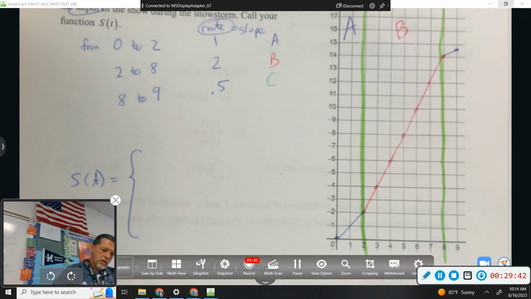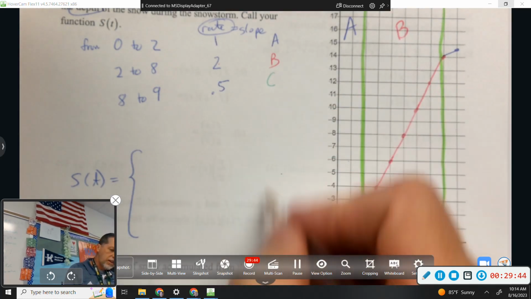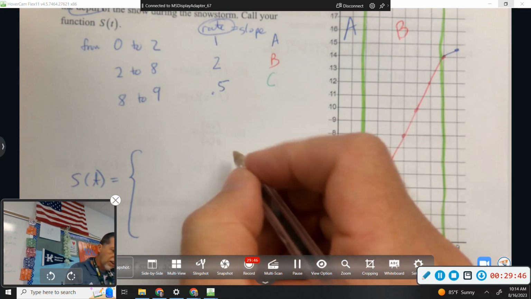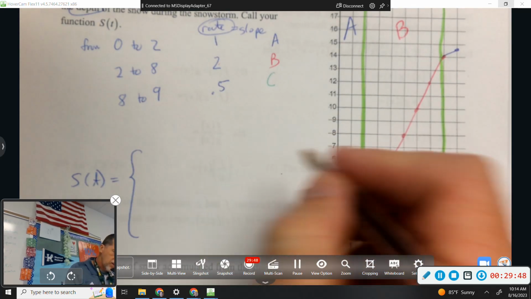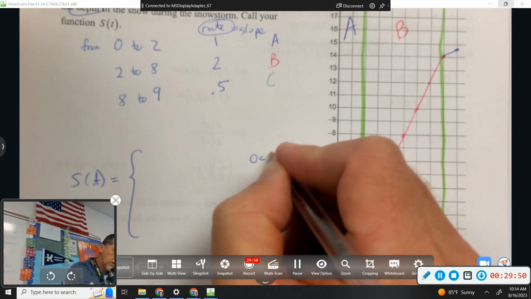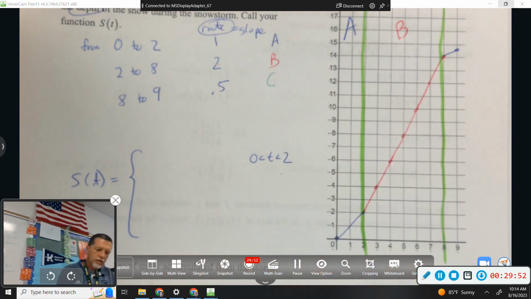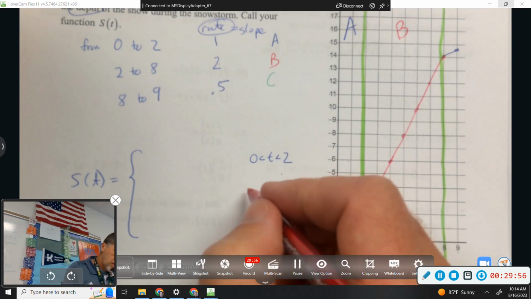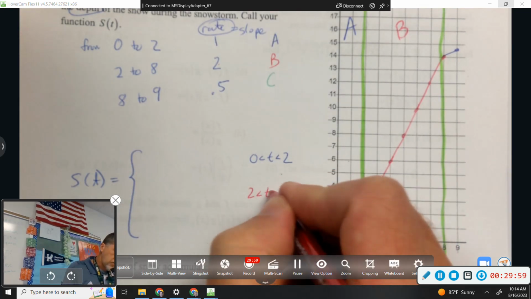Okay, again, I'm going to start with the x values. I guess this is t values. So from 0 to 2, I've got one equation. From 2 to 8, I've got another equation.